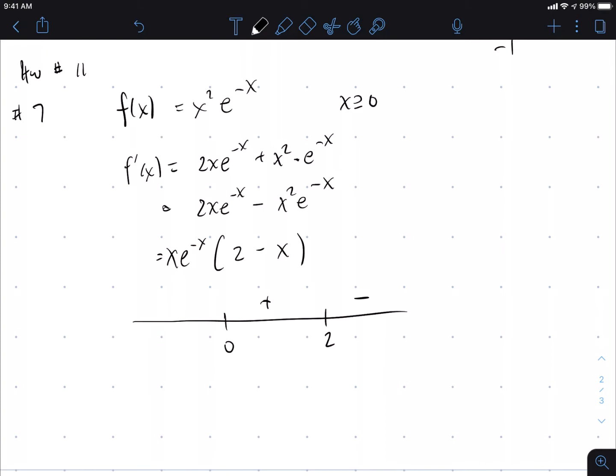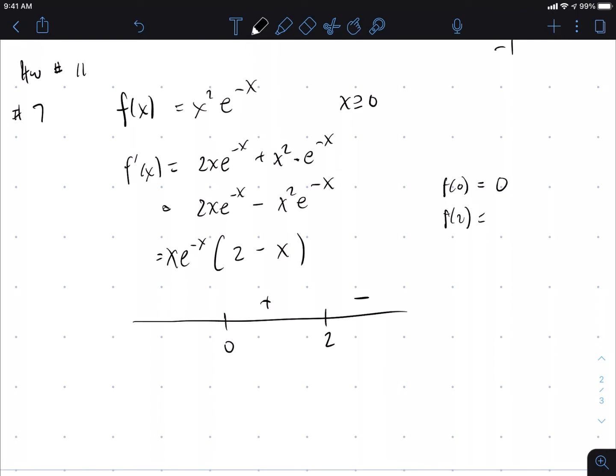Okay. So what we end up seeing is we need to plug in to our function and find out what these values are. So f of 0 plugged in is going to clearly give us 0, and f of 2 looks like it would be some sort of a max.